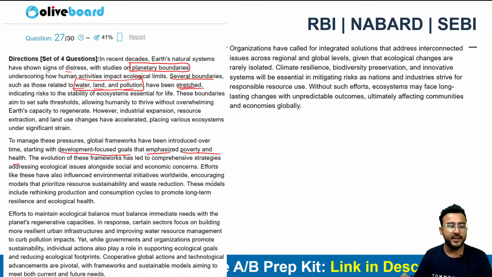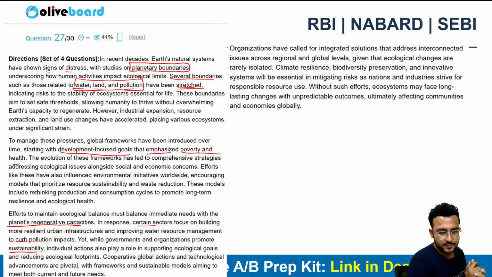Efforts to maintain ecological balance must balance the immediate needs with the planet's regenerative capacities. In response, certain sectors focus on building more resilient urban infrastructure and improving water resource management to curb pollution impacts. Yet while governments and organizations promote sustainability, individual actions also play a role in supporting ecological goals and reducing ecological footprints.